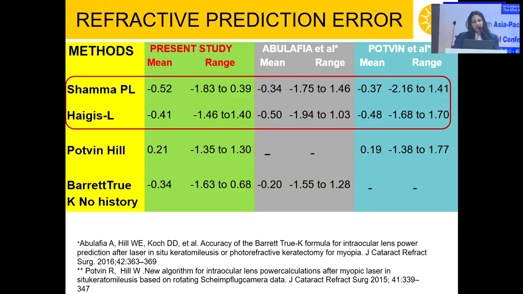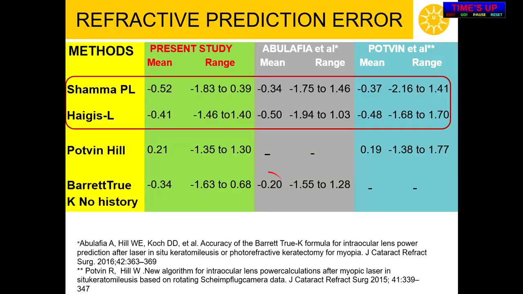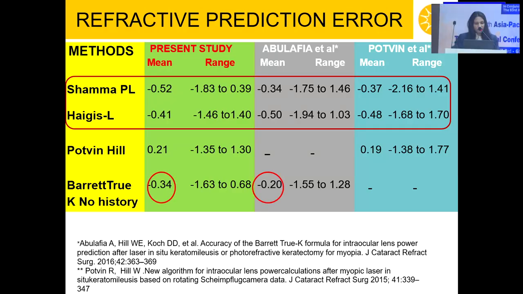Since the formulas are recent additions, there was no head-to-head comparison between the Potvin-Hill formula and the Barrett True-K formula. The Potvin-Hill formula is a formula in which the posterior corneal measurement is done directly, as compared to Barrett True-K, which uses a regression formula, as is done in the majority of these studies.